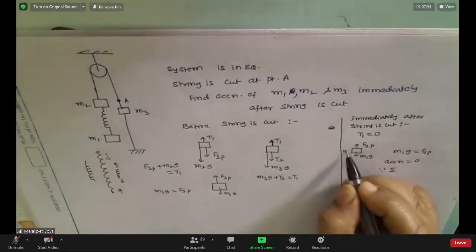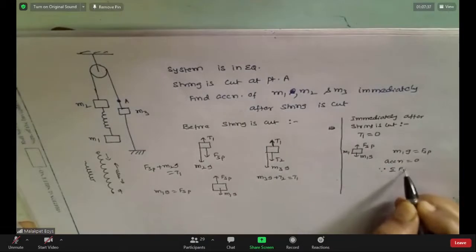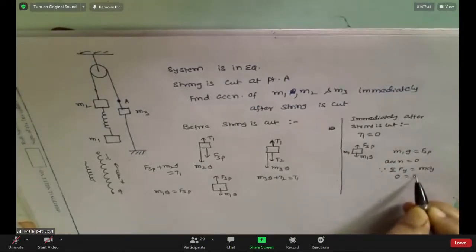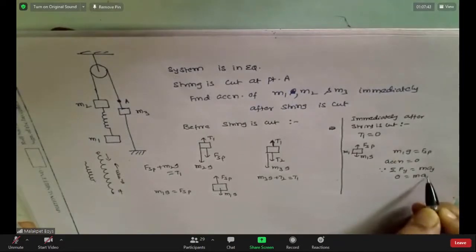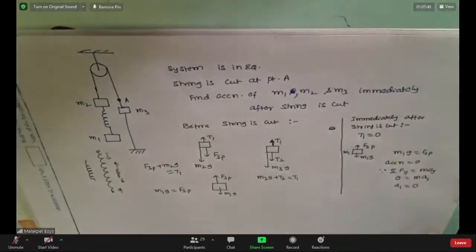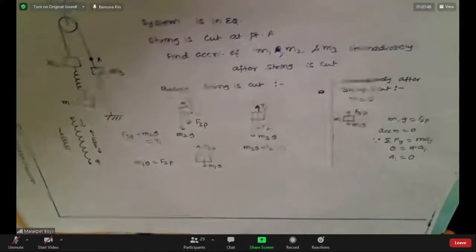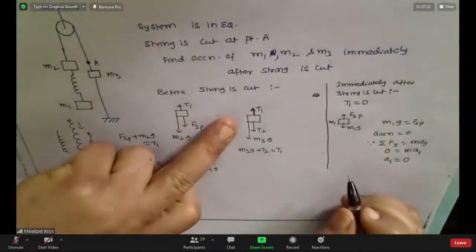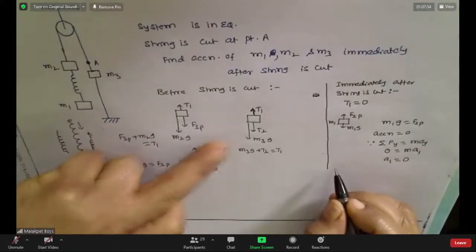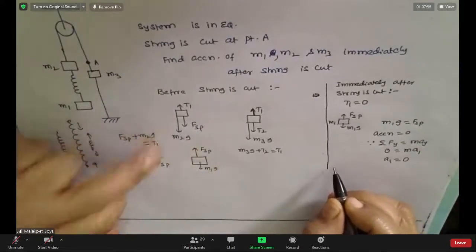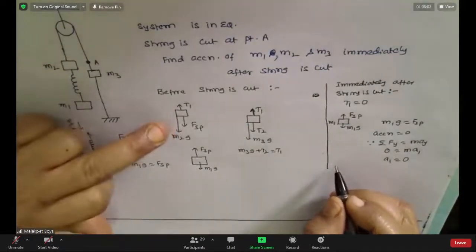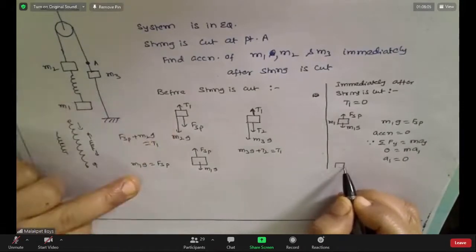Understood this? Do you agree with this or not? Yes, sir. Now what else is there? Understood, sir. T1 is 0 means you have T2 for this block M2.